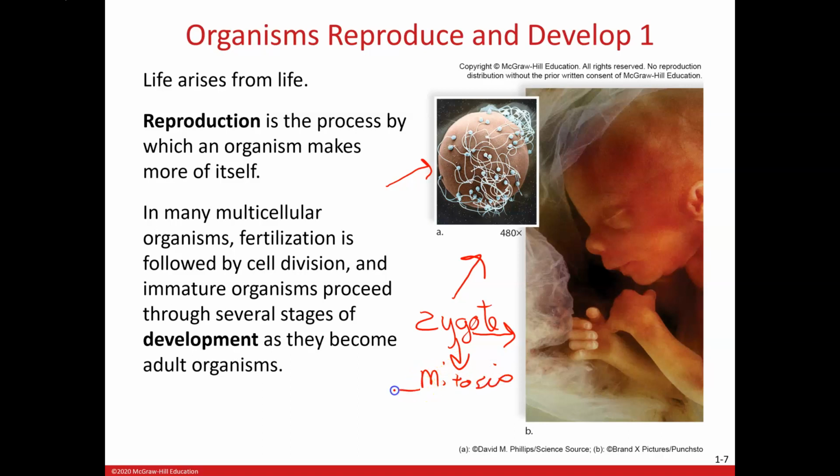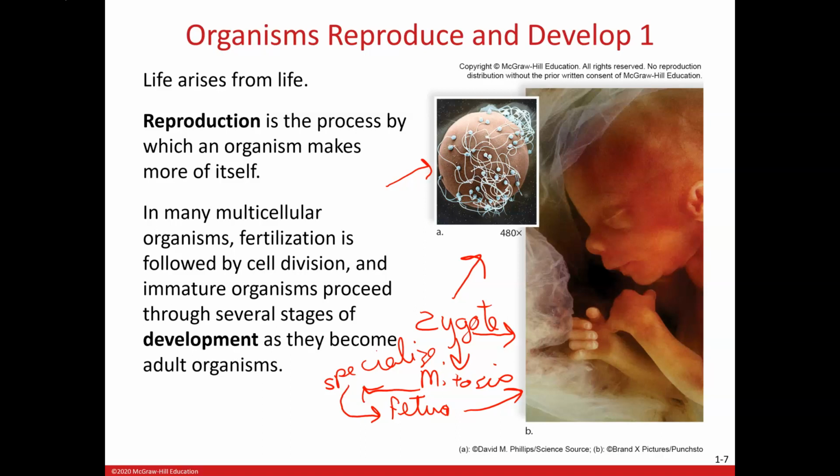And the cells specialize, and these specialized cells then start forming different structures, and eventually we get that fetus that we see there. Okay, and so that's reproduction.